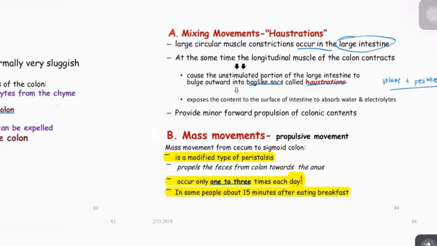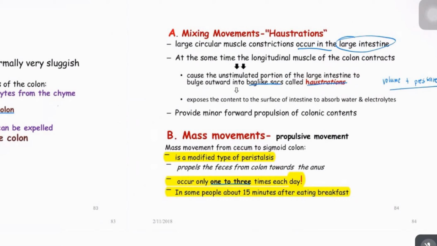So, it will look like a bag-like sac called your haustration. Okay? So, it exposes the content to the surface of the intestine to absorb water and electrolytes. Then, it provides minor forward propulsion of colonic contents.